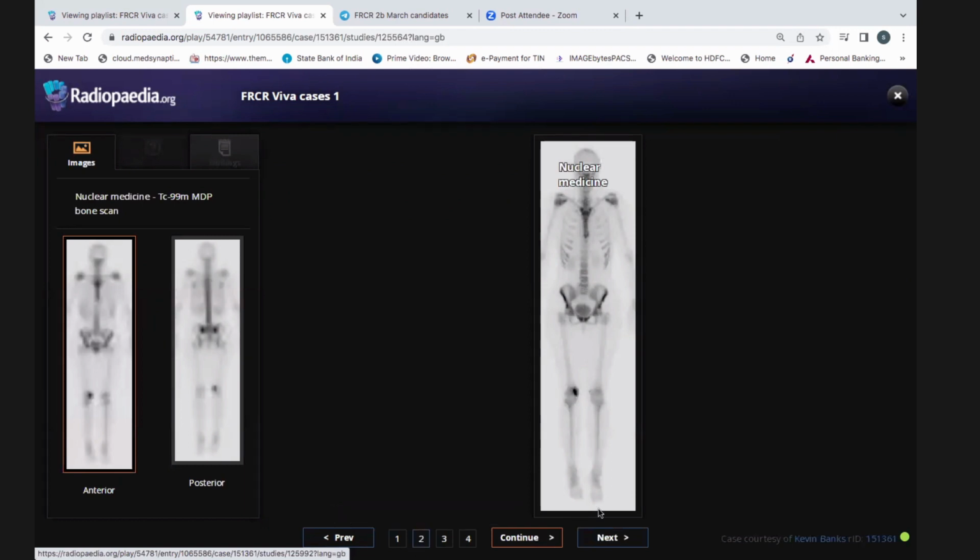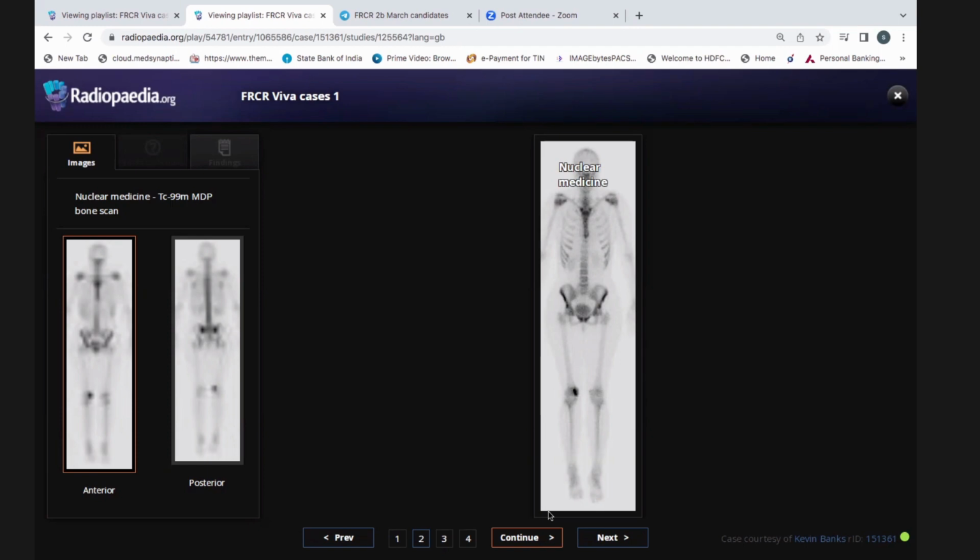There was a concern for bone stress fracture for this patient. The patient is a young patient, 25 years old, complaining of pain in the knee joint. That's why this nuclear imaging was done. Bone scan showing uptake in the kidney.